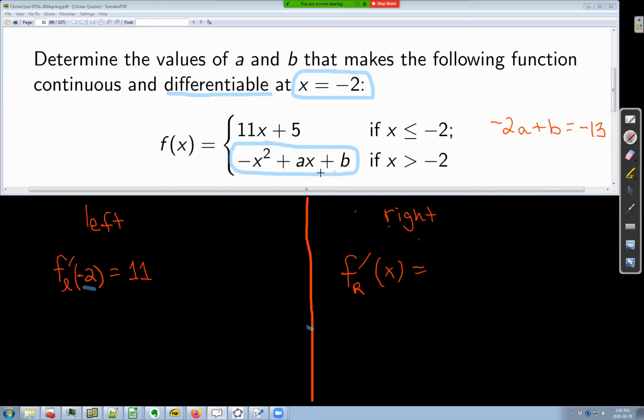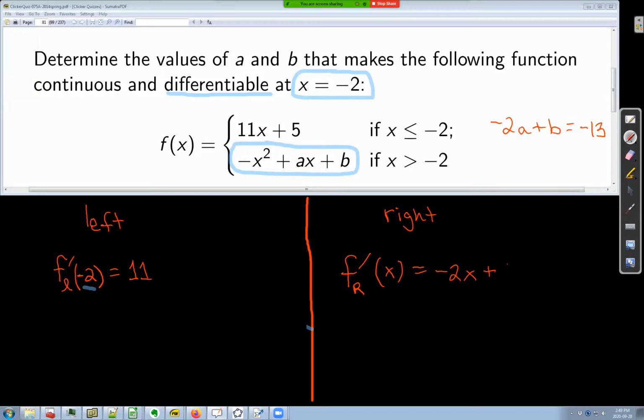So we'll find the derivative function, and then we'll set x equal to -2. If I find the derivative function of this, you can use the power rule and the constant multiple rule to get -2 times x, because the 2 comes down in front and multiplies by the -1. And then you get plus, the derivative of x is just 1, and a is a constant.